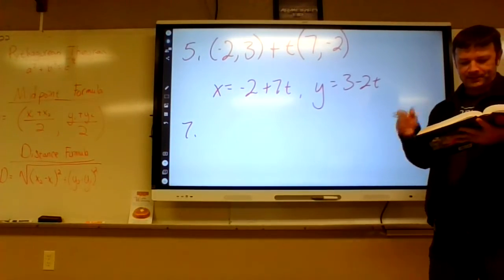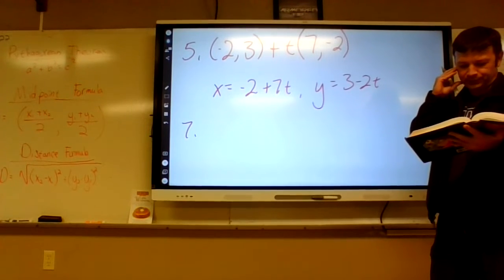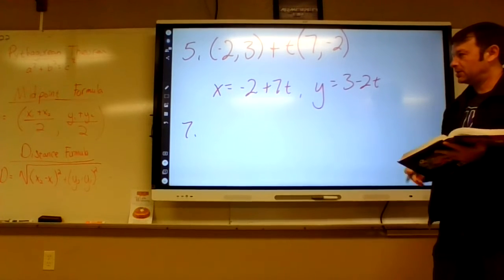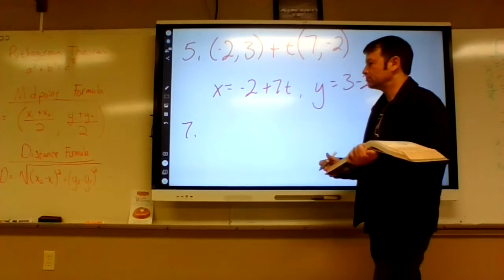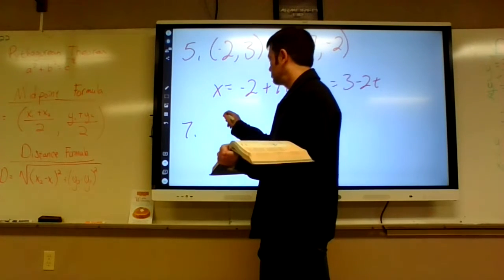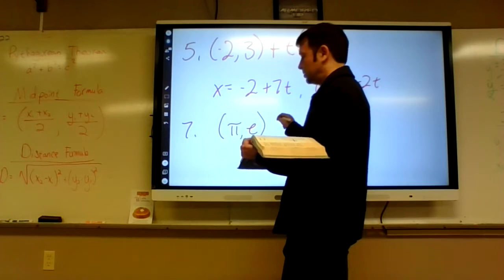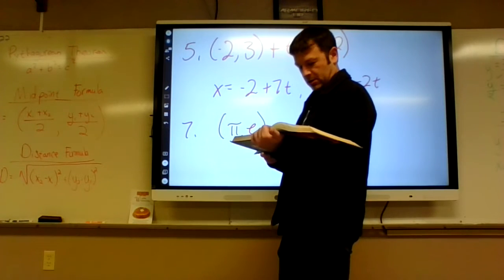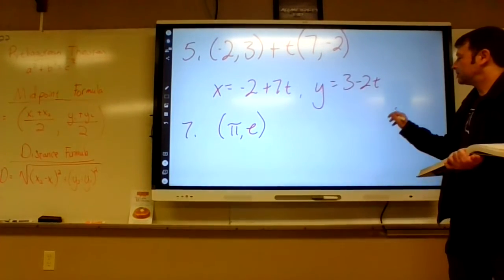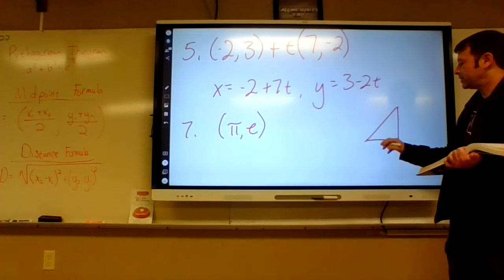Horizontal line. Well, where did they start on this one? Number 6 says with an inclination of 45 degrees. How do you do that? With an inclination of exactly 45 degrees, we're doing triangles.